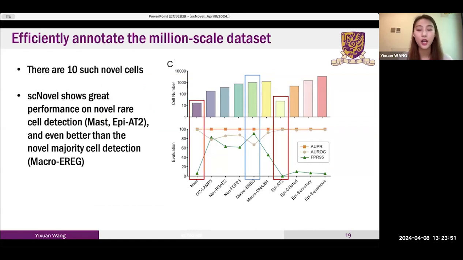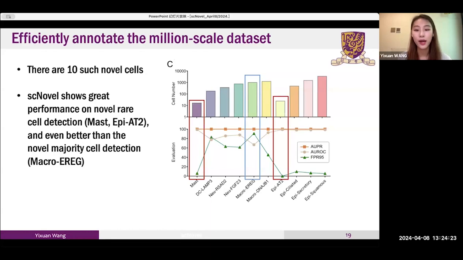Figure C here gives a combinatorial view of the relationship between the cell number and scNovel's performance. Take the mast cell type and EPI82 cell type as examples. These two cell types are quite rare, highlighted in the red box. We can see that the mast cell type only contains 17 cells, which is definitely a very rare cell type.